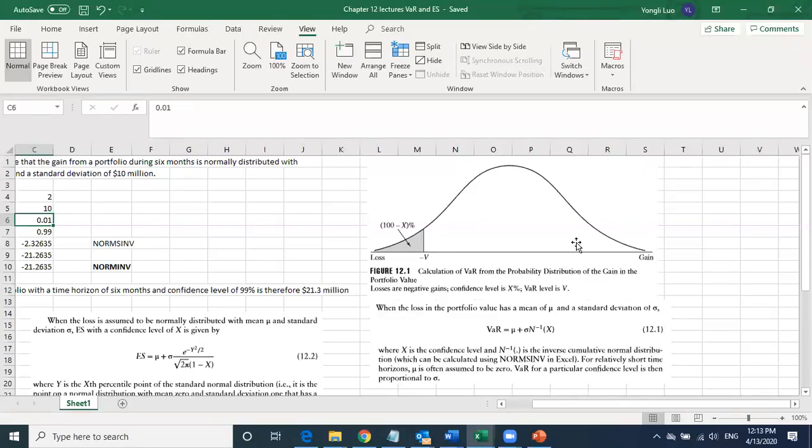The normal curve has two tails, one on each side. Okay, this is the 1% that you could lose, because the losses will be in this gray area, or the shaded area.